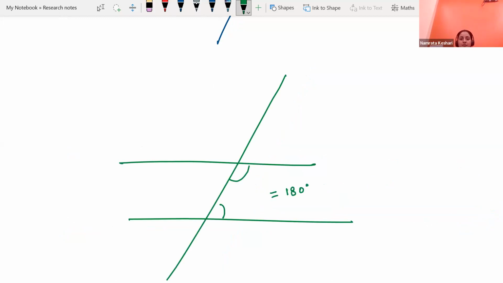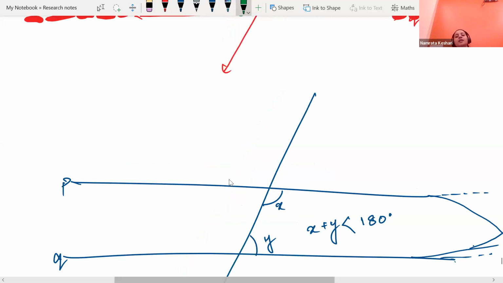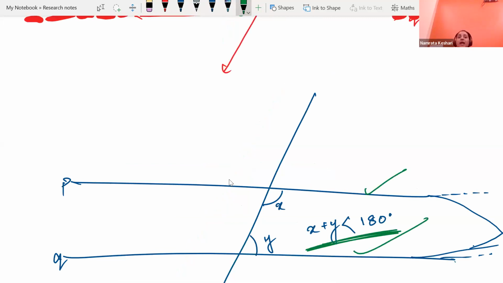So if the sum of the interior angles on the same side is 180 degrees, then these two lines M and N must be parallel to each other. Euclid is giving the same statement. If it is less than 180, then the two lines will not be parallel. They are going to intersect each other. Yes or no?